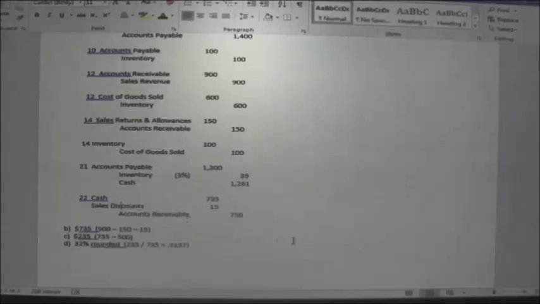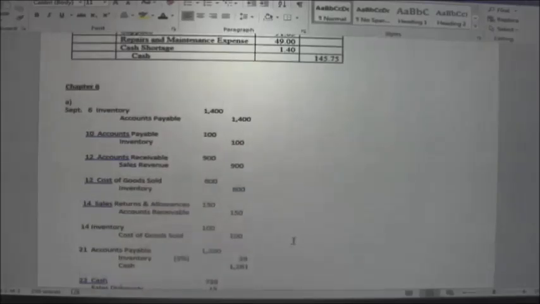Okay? They are just some general ones, as I've told you, with the accruals and deferrals. Every time it's a deferral, you'll have an expense to be debited if we're doing an expense, and one of those assets, either prepaid rent, prepaid insurance, prepaid something, or supplies. Okay? And then when it's an accrual, it'll always be an expense and a payable. So if I'm recognizing expense but not yet paying, expense, payable.